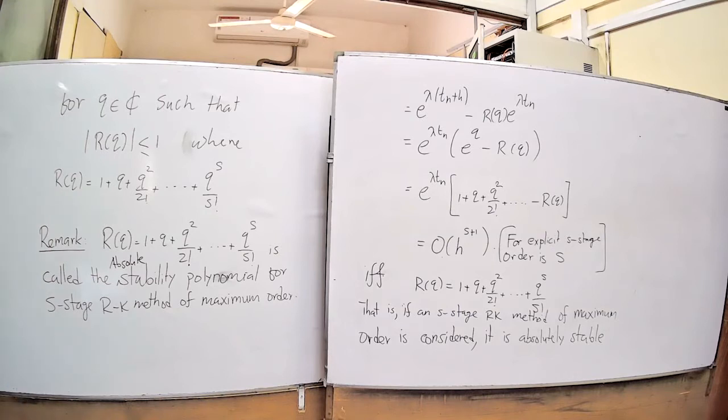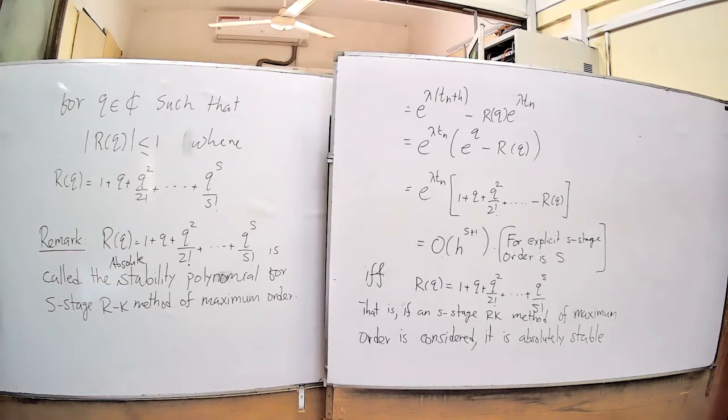This luxury is not there for you for implicit methods, right? If you look at the implicit method, this stability polynomial looks very complicated. You have a lot of summations inside, summation of b_i, summation of a_i, and things like that.